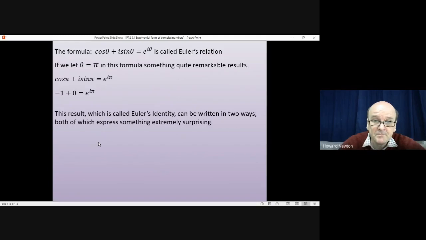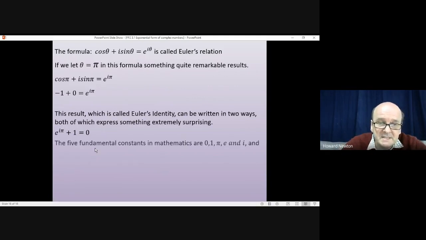This result, which is called Euler's identity, can be written in two ways, both of which express something extremely surprising. First of all, we could rearrange it to give e to the i pi plus 1 is equal to 0. And in this identity, we have the 5 fundamental constants of mathematics.